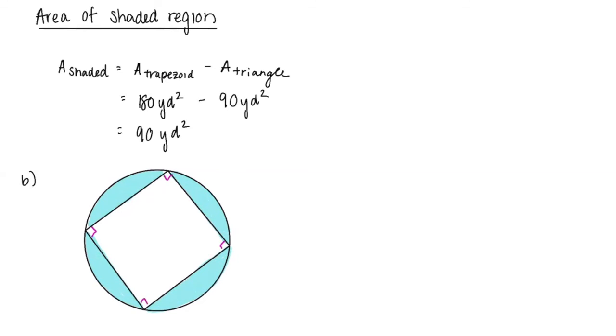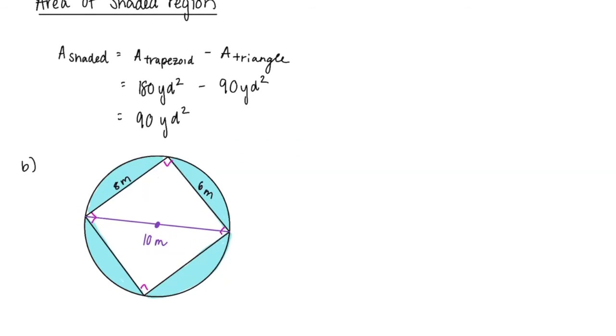We are told the distance from corner to corner here through the very center is 10 meters. This side is 8 meters, and this side is 6 meters. So again, the area of our shaded region: my larger shape is the circle, so I'll find that area. And then I want to remove the rectangle in the middle.